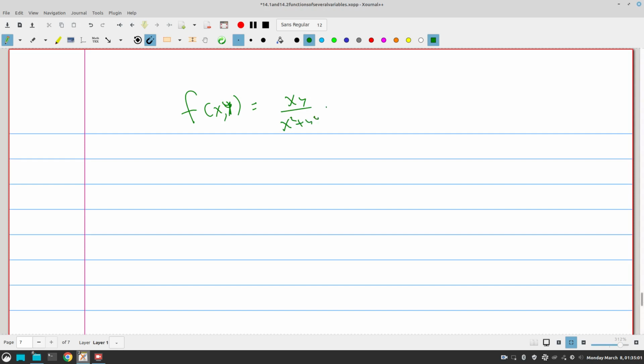If you go along the x-axis, the limit as x goes to 0 of f of x, y is equal to 0.